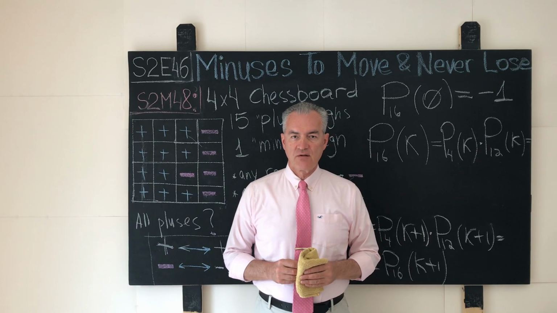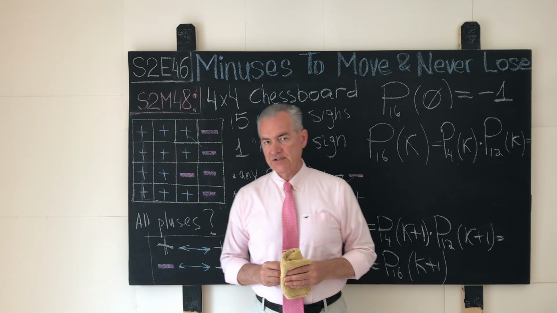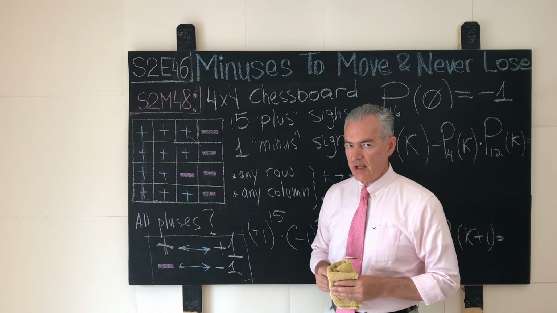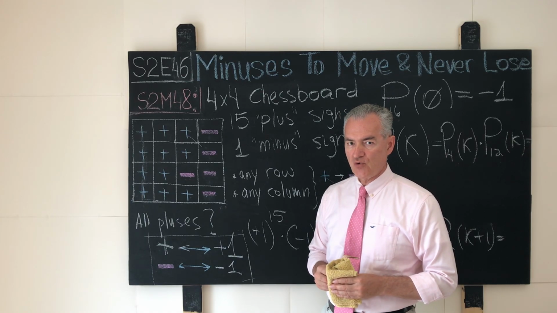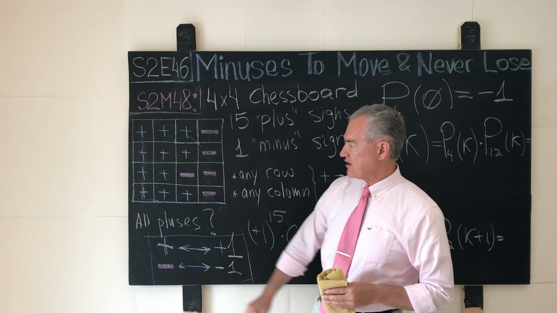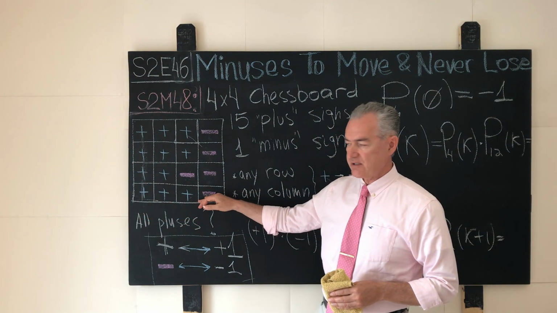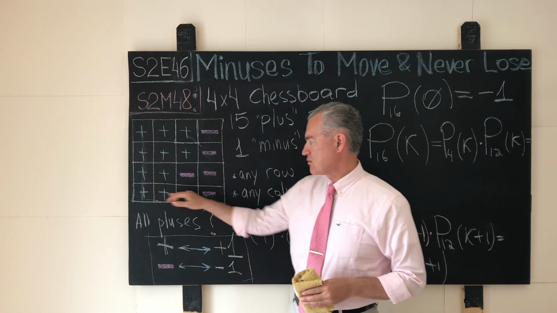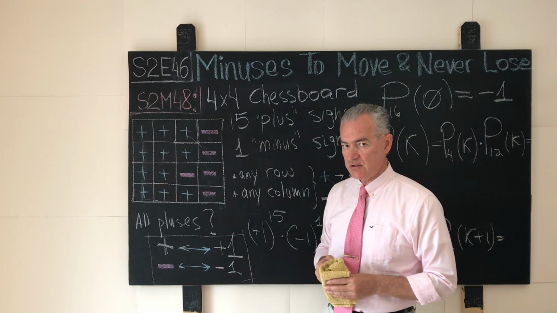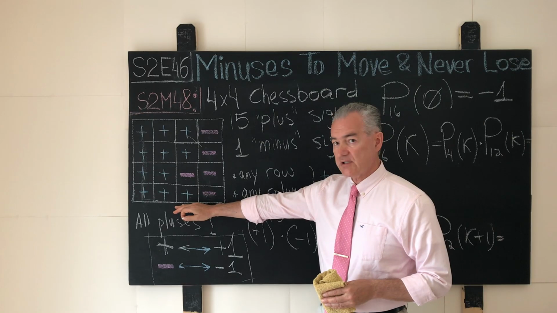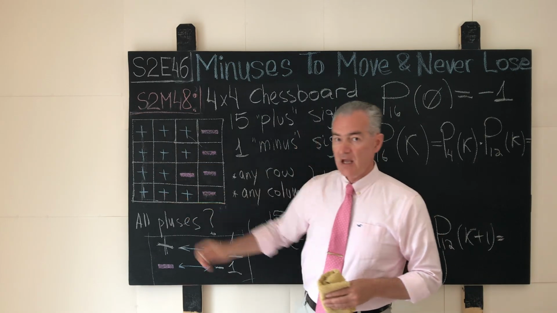Let us assume that at the moment of time t equals k, we decided to act on a row or a column of our 4x4 chessboard that contains precisely 3 plus signs and exactly 1 minus sign, as shown in the bottom row on the left hand side of your screen. This could be a row that contains that many plus signs and minus signs, or there could be a column.